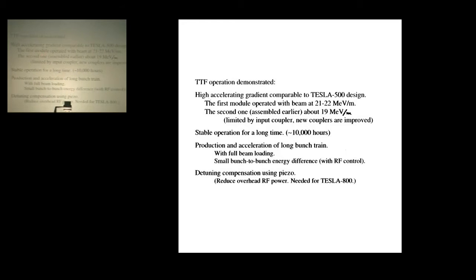And the second one, which was actually assembled earlier, is operated at about 19. But this was limited by the old designed input coupler. So new couplers are improved, and this can be improved.